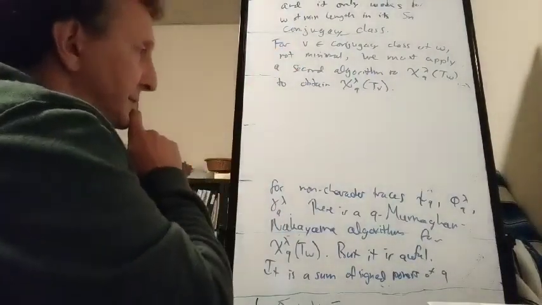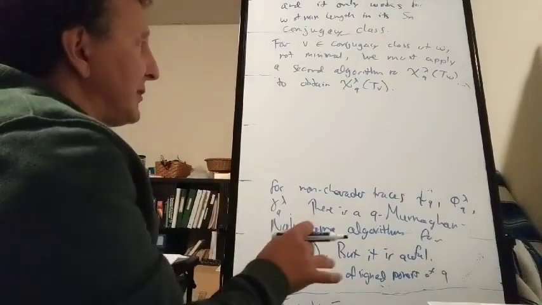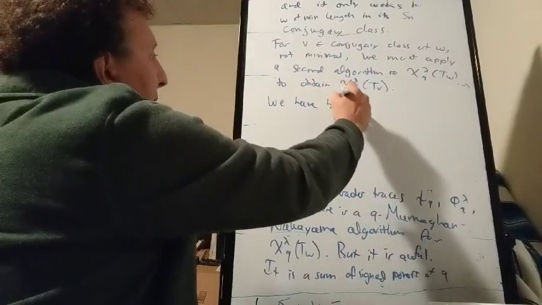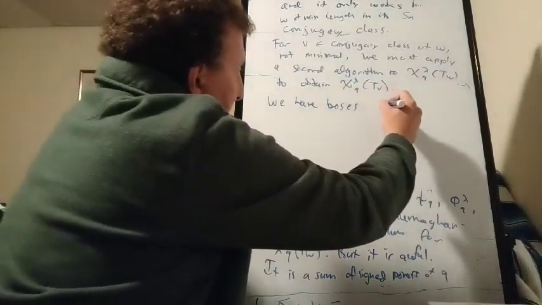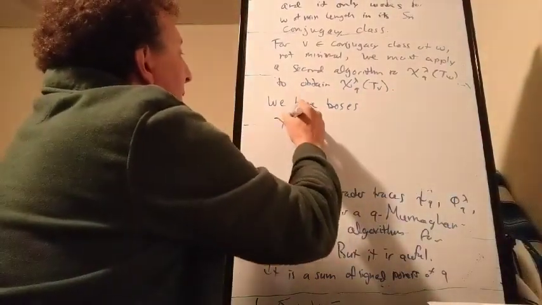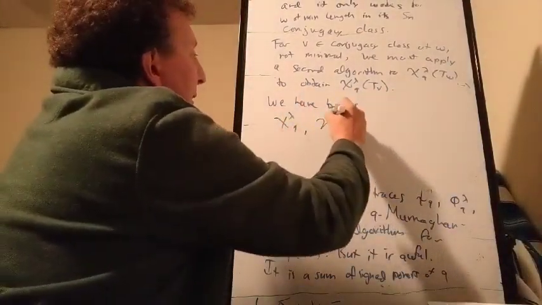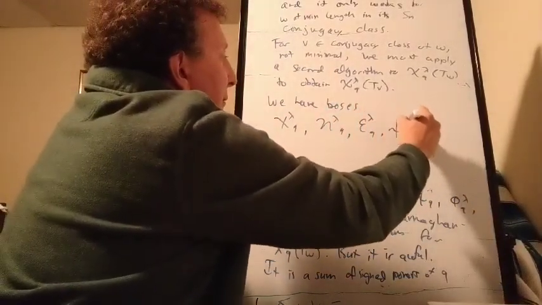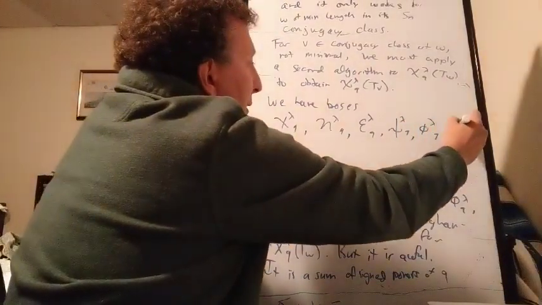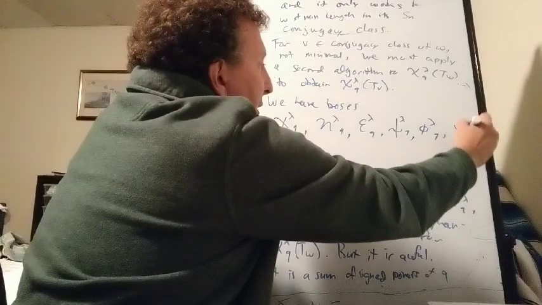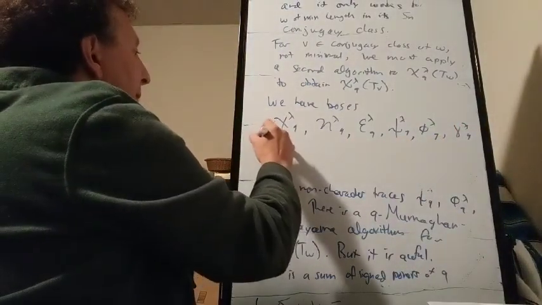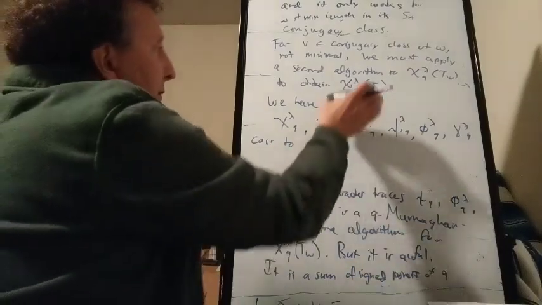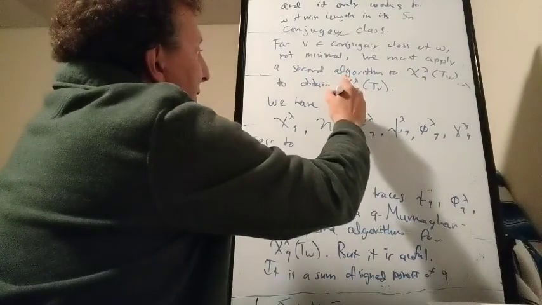Now, as I implied, we have bases chi lambda q, eta lambda q, epsilon lambda q, psi lambda q, phi lambda q, gamma lambda q, corresponding to, so these are Hecke algebra trace space bases.